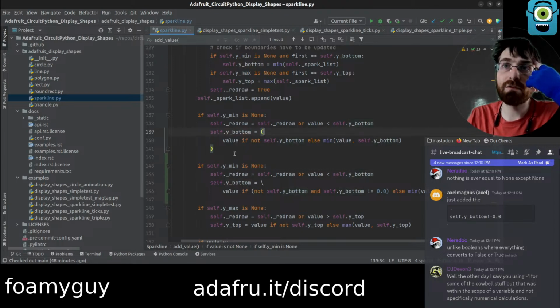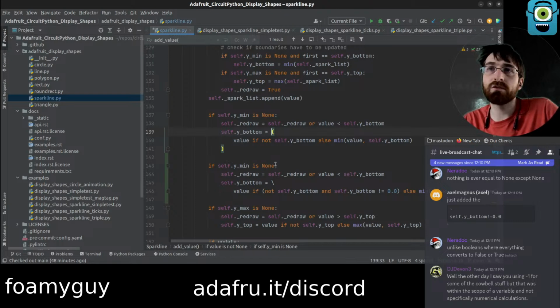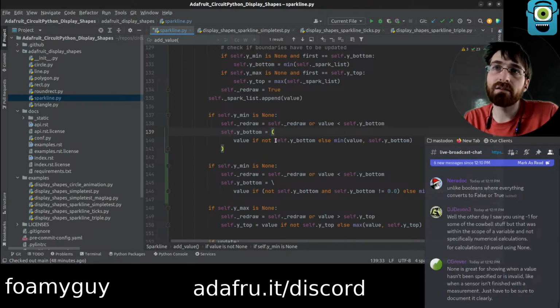Y bottom, so old logic, this is old logic. I don't know why it's making a tuple, or no? I don't know if that's making a tuple or what. Value if not, whatever value is, I don't know where value came from.